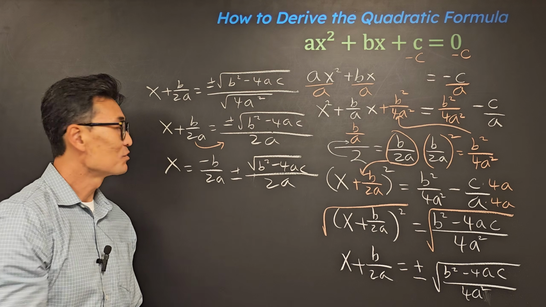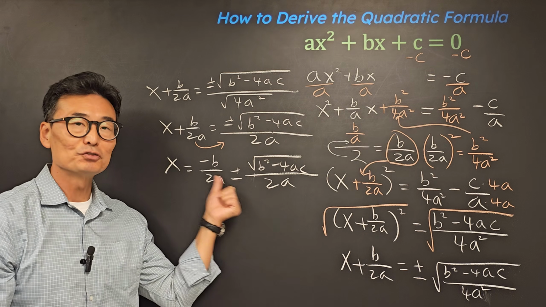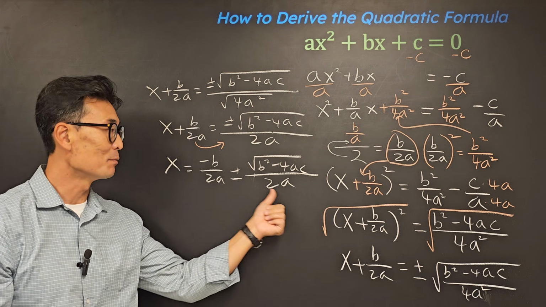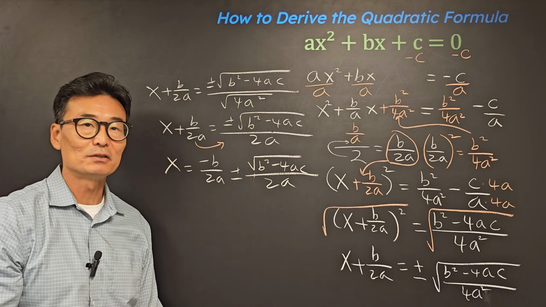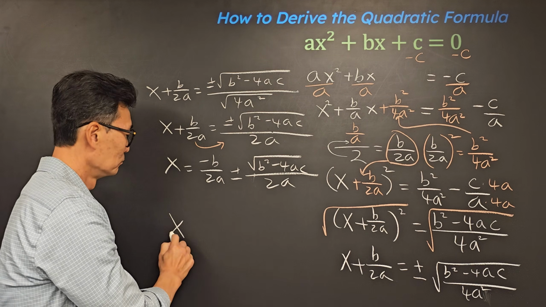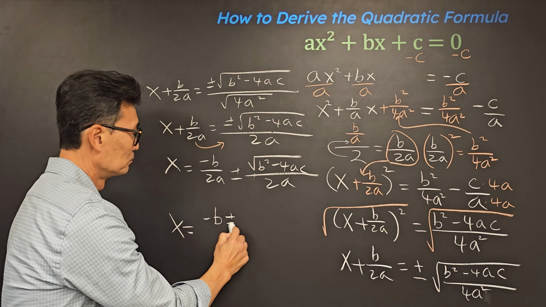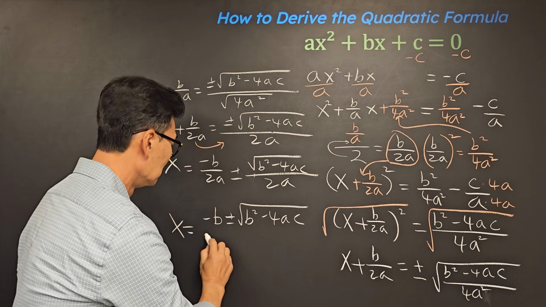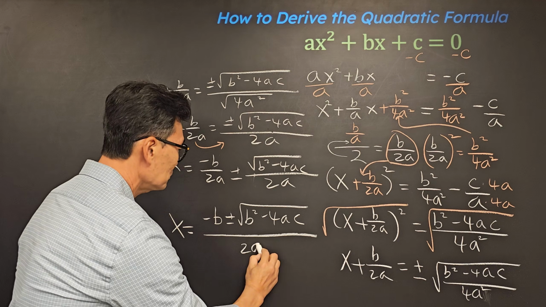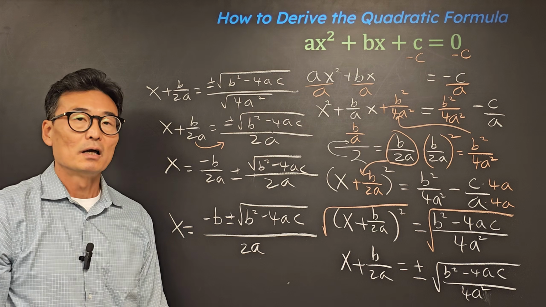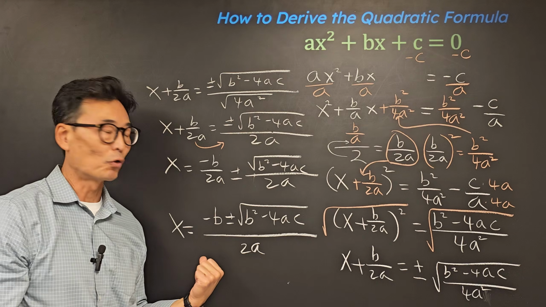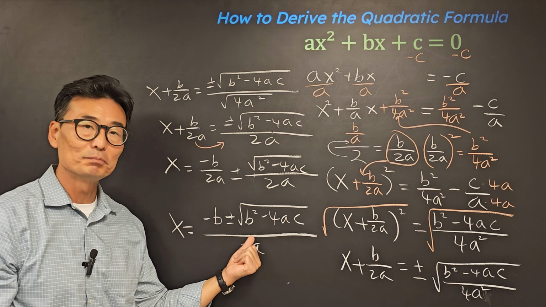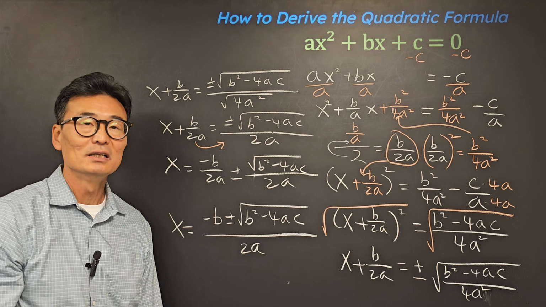Our one last step is going to be combining these two fractions into one, and that's not hard since we have the same denominator already. There you have it, folks. We have our quadratic formula where x equals minus b plus minus square root of b squared minus 4ac all over 2a.